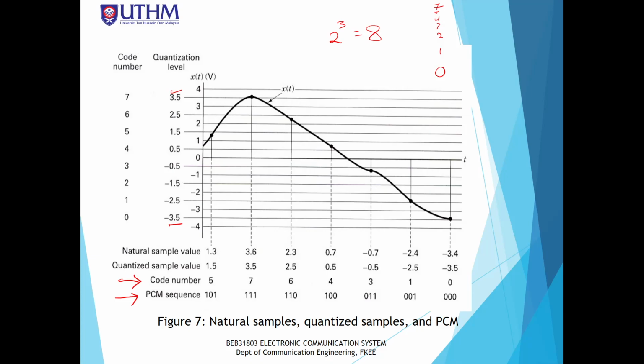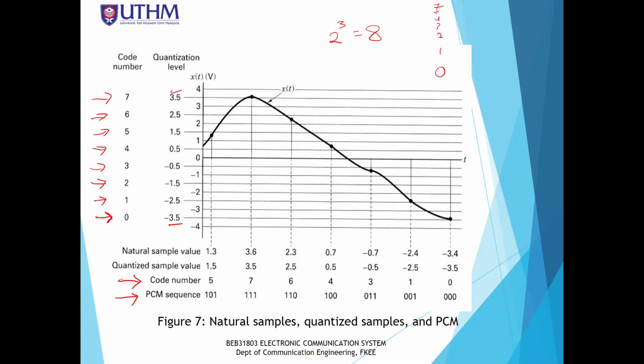The way we assign the code number is that we assign the smallest code number to the lowest quantization level, which is minus 3.5. We are not starting from 7, we are starting from below. That is the standard practice. So 0, then the next quantization level is code number 1, then 2, 3, 4, 5, 6, 7, so a total of 8 levels.